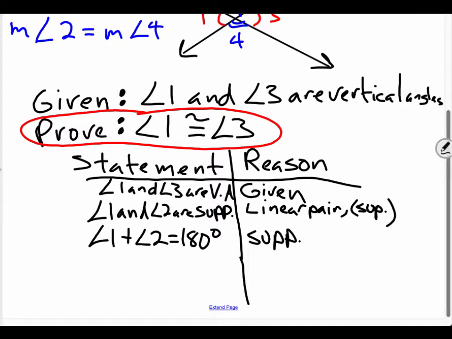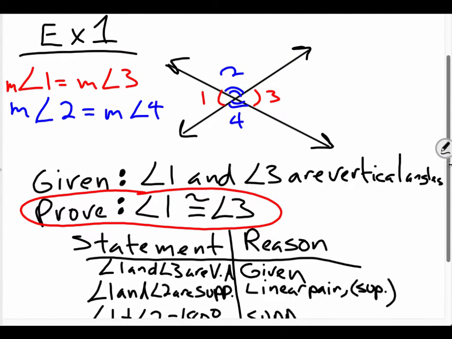All right? Now consider this. Angle 2 and angle 3 are also supplementary. If you look at the image, right? Angle 2 and angle 3 are also supplementary because they're also a linear pair.